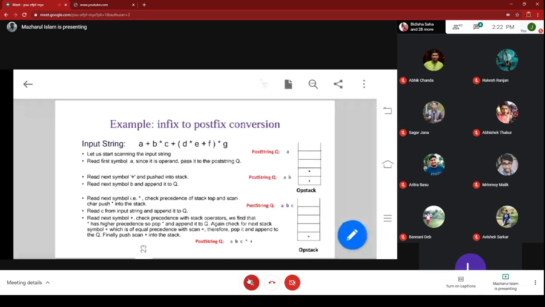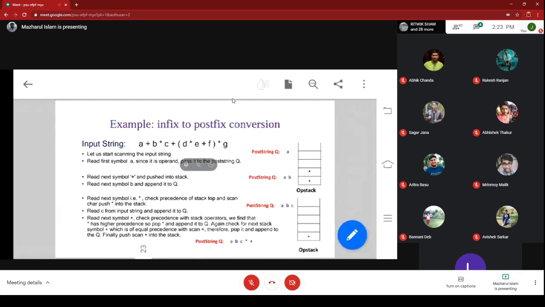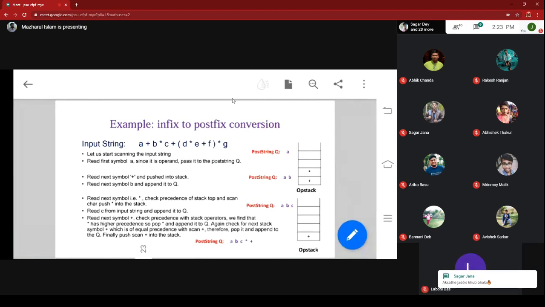In the bottom stack diagram of this slide, this plus is the second plus in the input expression, not the first plus. The first plus has been popped and appended to the postfix string, and what is left in the op stack is only the second plus.